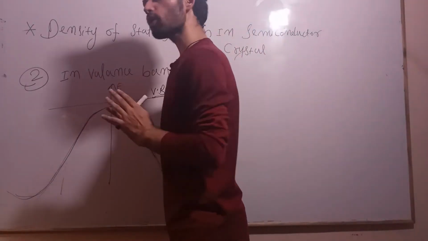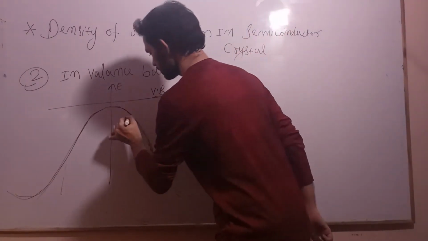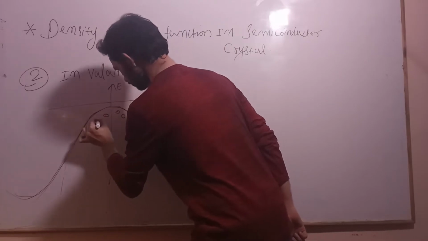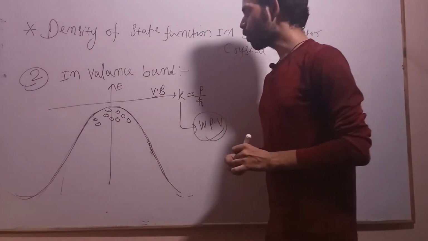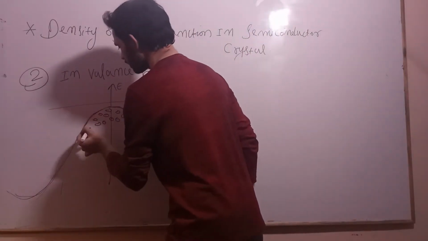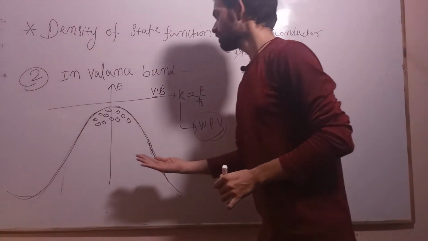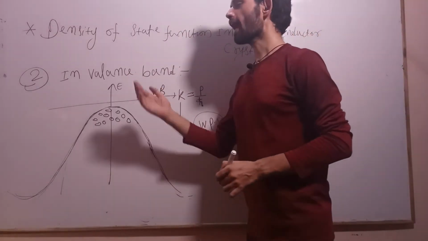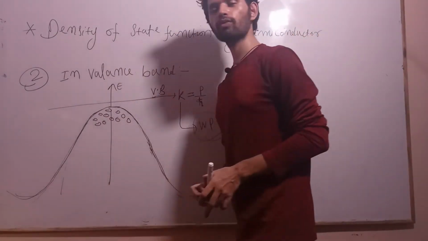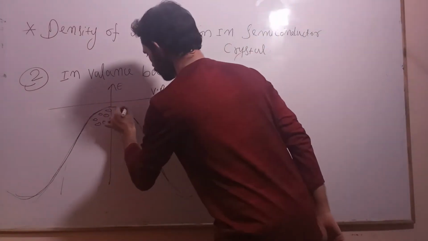Therefore we only focus on holes. In the valence band, all the holes tend to accumulate at the top of the valence band.